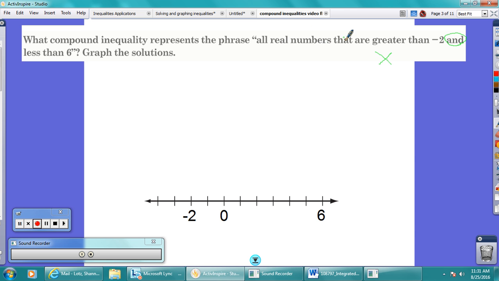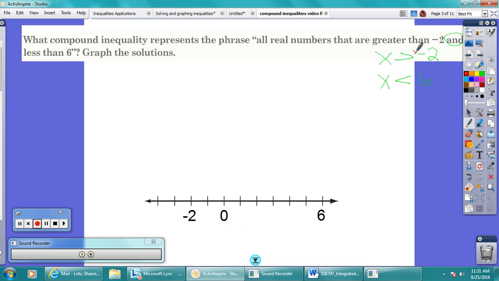All real numbers that are greater than -2, right? And less than 6. So I just wrote my two inequalities, my compound inequality. So I need to find an answer that satisfies both of these. So now let's graph.